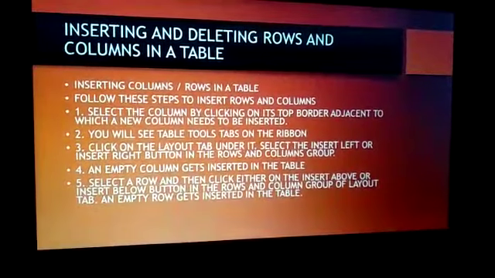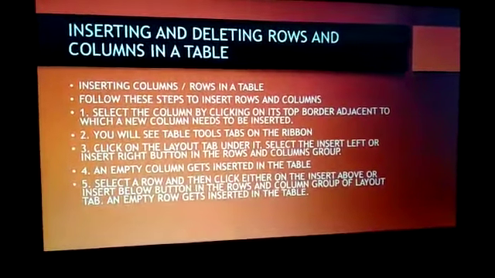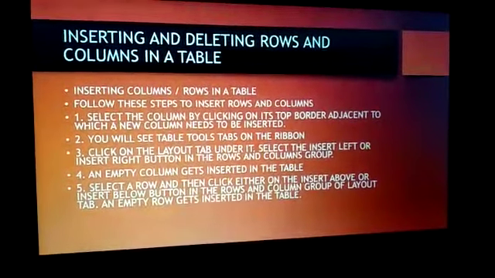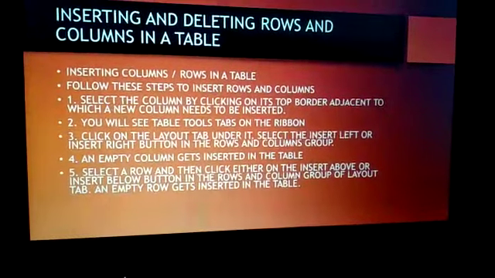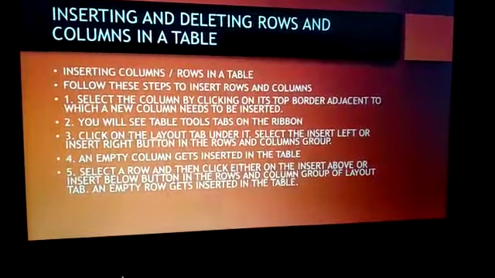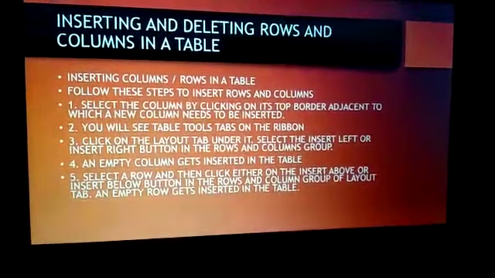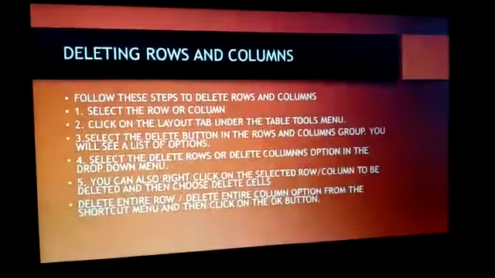Click on the layout tab under it. Select the insert left or insert right button in the rows and columns group. An empty column gets inserted in the table. Select a row and then click either on the insert above or insert below button in the rows and columns group of the layout tab. An empty row gets inserted in the table.